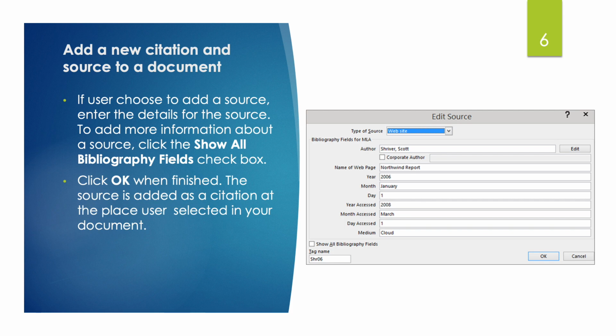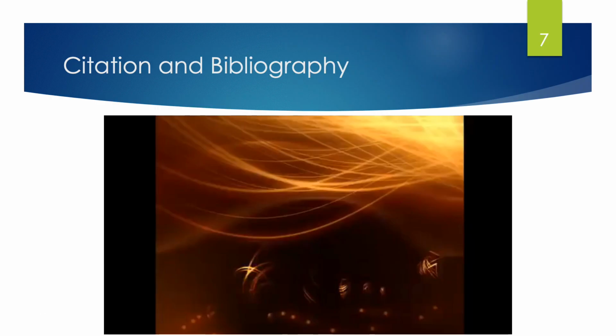To add more information about a source, click the Show All Bibliography Fields checkbox. Click OK when you have finished filling in. The source is added as a citation at the place the user selected in your document. You can watch this video on citation and bibliography to see more details and the step-by-step on how to do it.